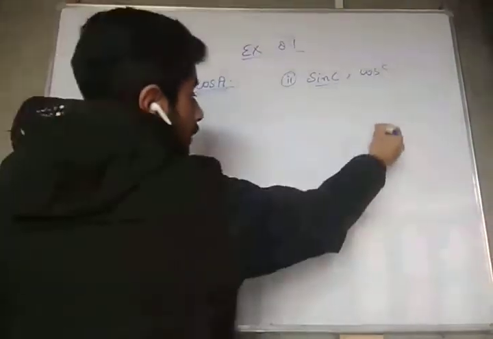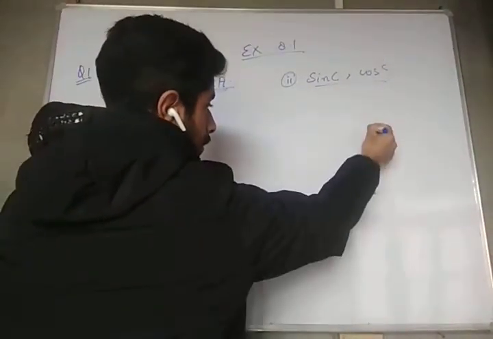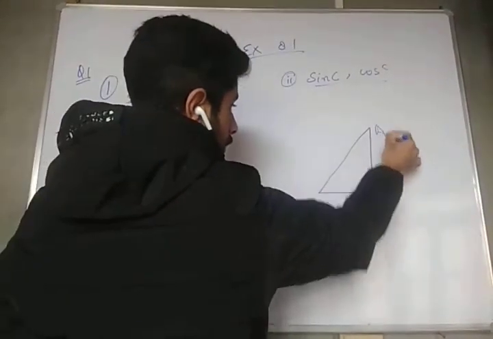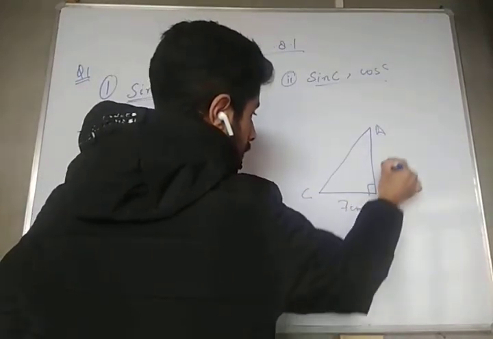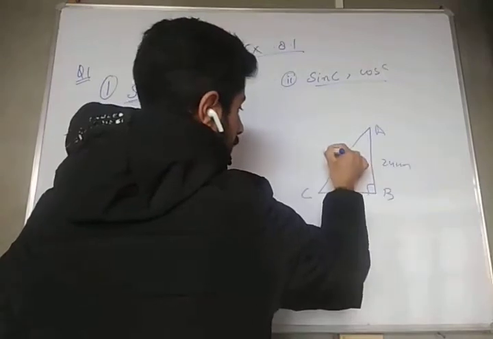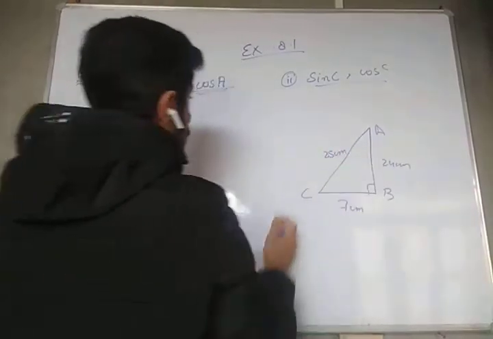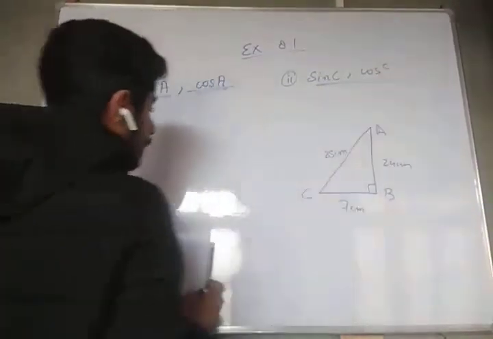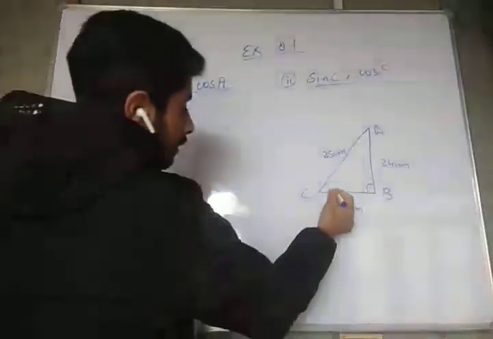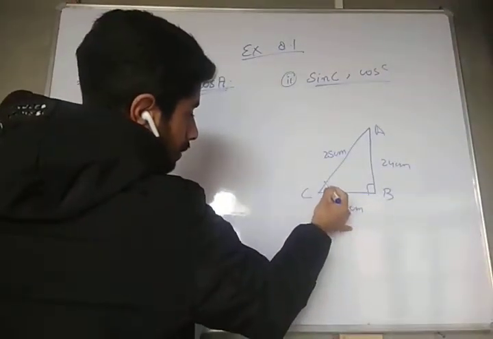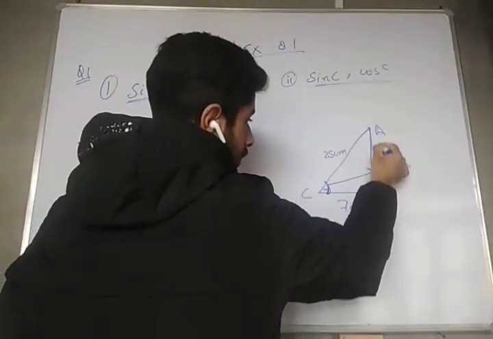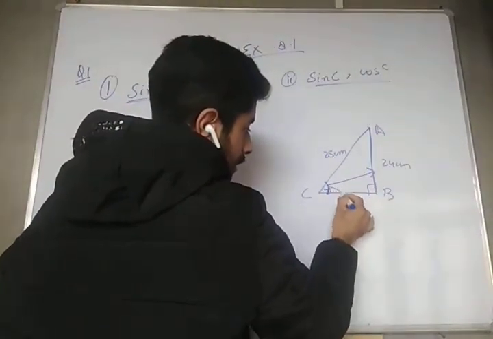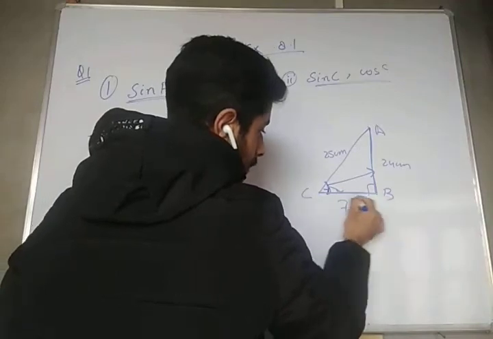Now let's draw this triangle again, A, B and C. This was 7 centimeter, 24 centimeter and 25 centimeter. Now in the second part, for sine of C, we have to consider this angle C. The side opposite to this is our perpendicular, and the side adjacent is our base.